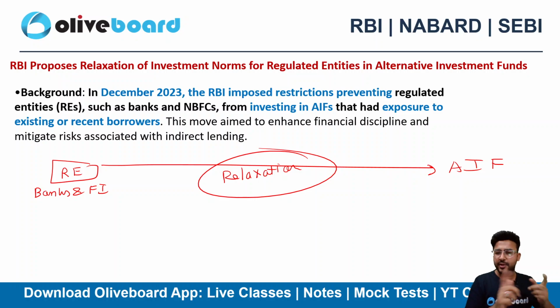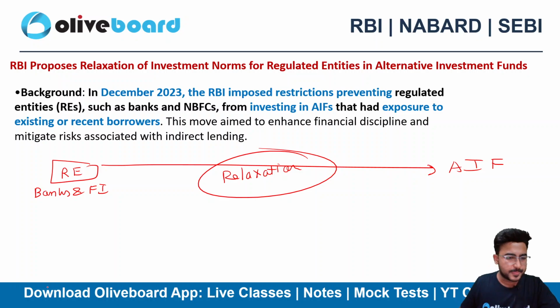So we need to go into the background, first understand the history of it, and then you get to know the real problem, right? They have relaxed norms so that banks and financial institutions can invest in AIF up to a certain limit. They have introduced a new cap. But the question is, why do we need this cap? Banks and financial institutions should ideally be freely allowed to invest in the AIF, right?